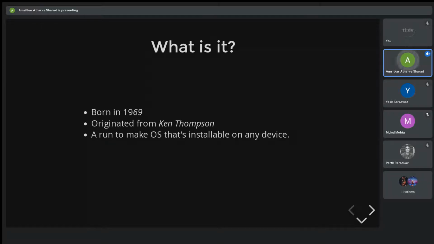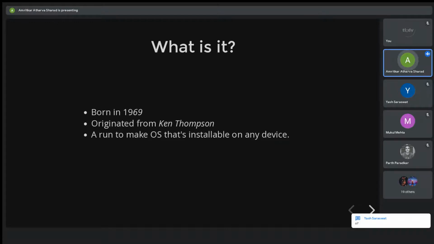So we needed a different operating system on a different machine. So the Unix guys wanted to make a base operating system that would be installed on all machines and be extended to have support for all the machines that would be made in the future. So that is why it was made.